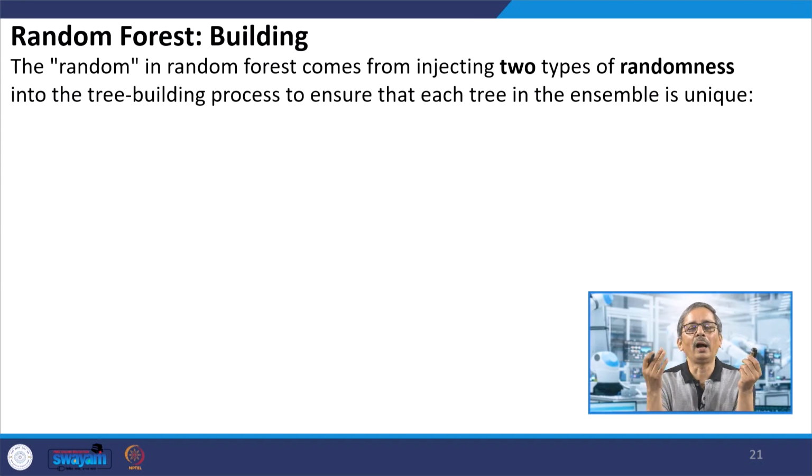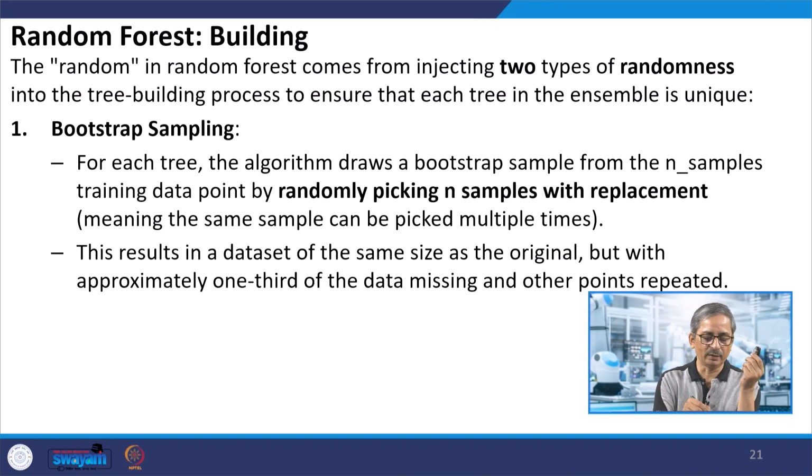Okay. So, how is this built basically? The randomness in the random forest comes from injecting two types of randomness into the tree building process. One is bootstrap sampling. In bootstrap sampling, for each tree, the algorithm draws a bootstrap sample from the N sample training data by randomly picking N samples with replacement.